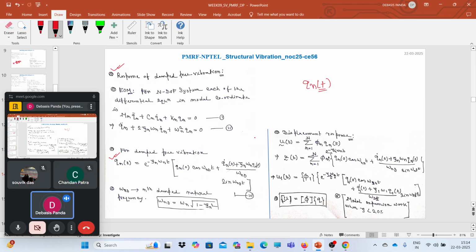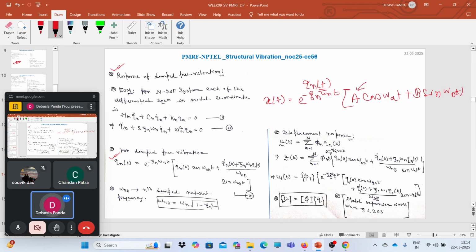If you recall that condition, x of t we solved like this: x of t was e to the power minus zeta n omega nt times a cos omega dt plus b sin omega dt.